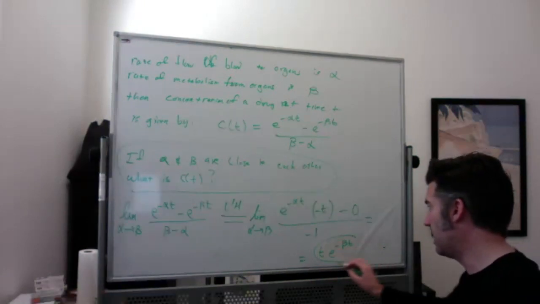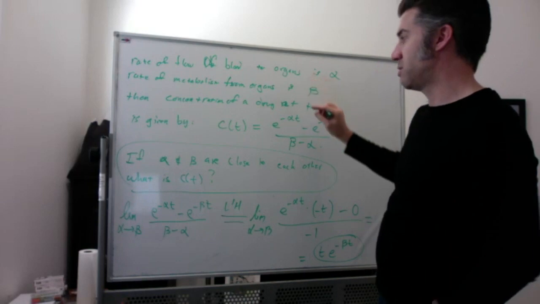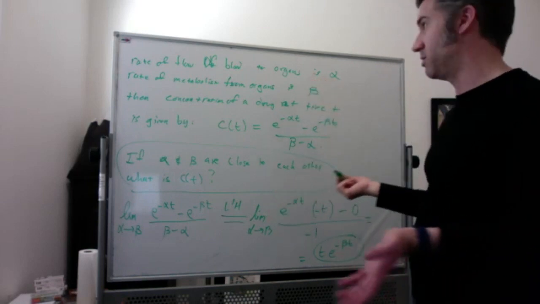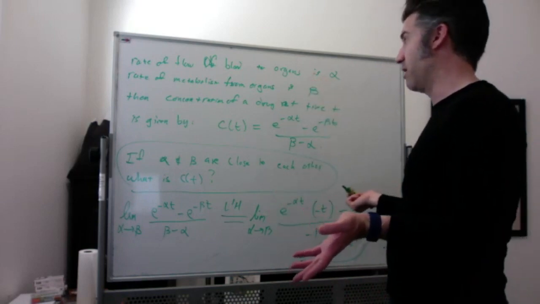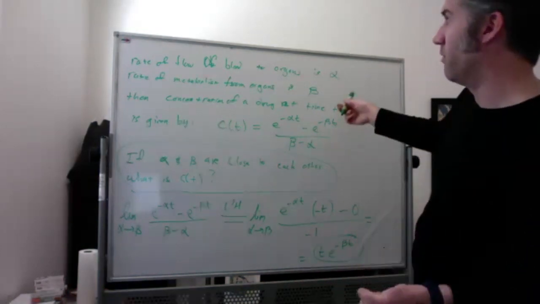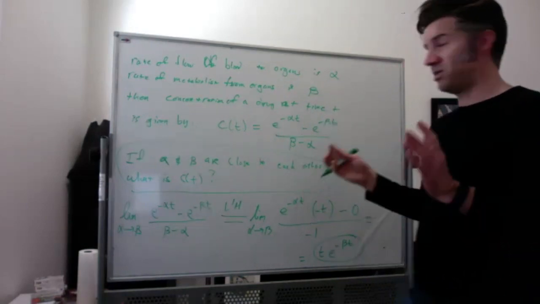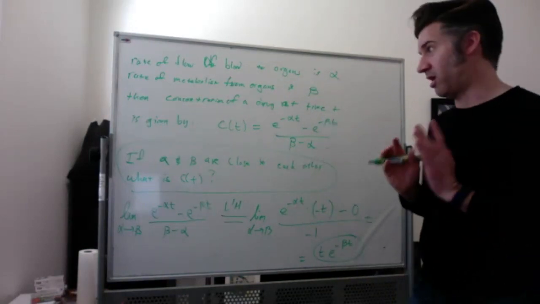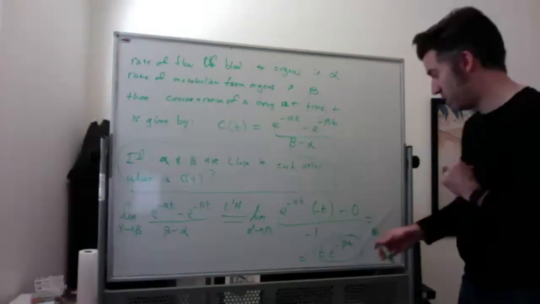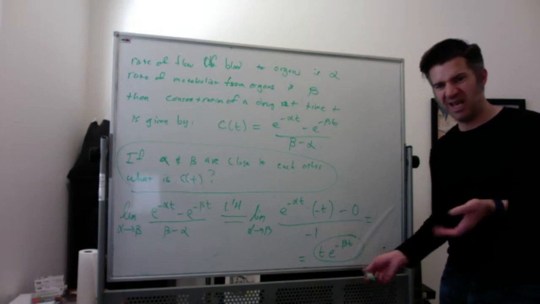So as the rates approach each other, as the rate of metabolism is approximately equal to the rate of flow of blood, then the concentration of the drug gets closer and closer to this particular value. It's kind of a strange question.